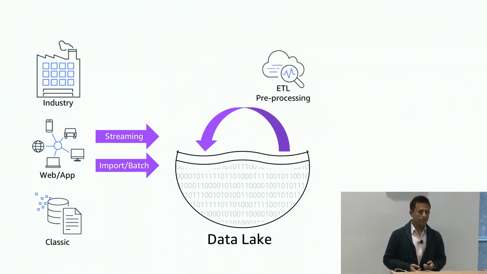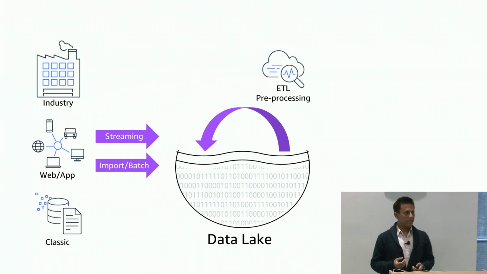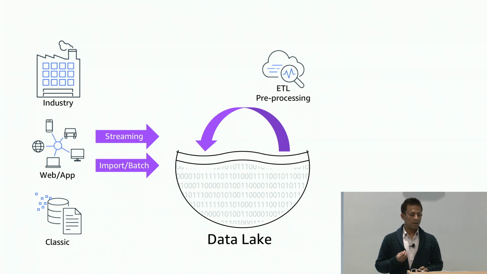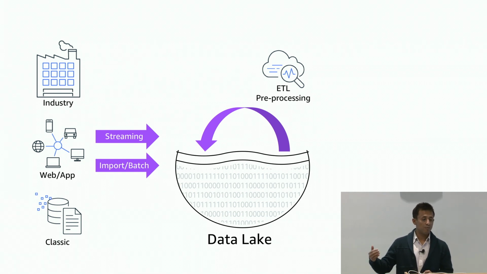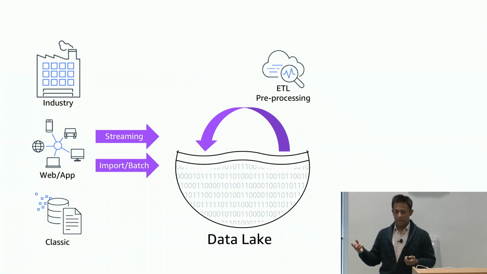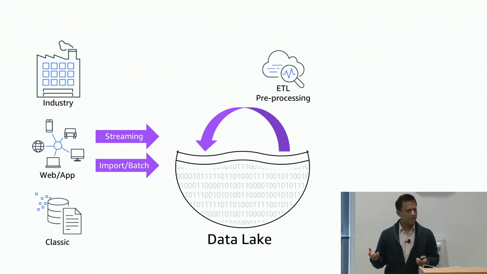Why is pre-processing needed? Because as I said, the raw data is often not useful to feed into your machine learning. Sometimes you have to get rid of some features. Sometimes you have to create additional features because of your model demands. One example, I don't know whether you have done any linear regression.